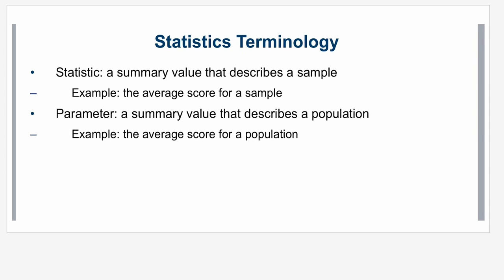And so saying that the average IQ score is 110 for that sample of students, that is providing you information about the average overall general consensus of intelligence of that sample, right?